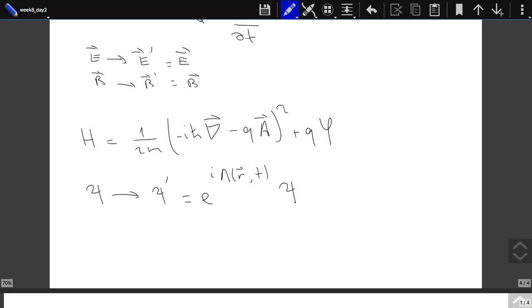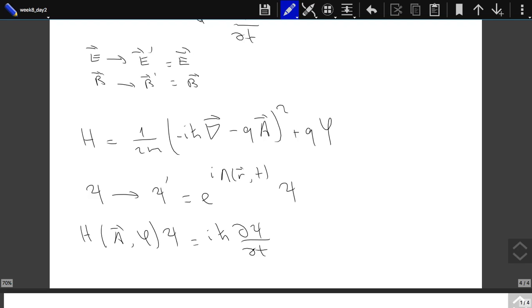And let's also assume that H, which is a function of A and phi, acting on this psi is equal to i h bar d psi by dt.